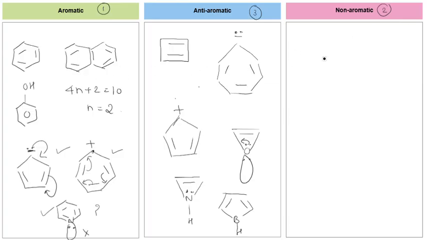Non-aromatic, any molecule which will not obey this. For example, let's say we have cyclohexane or maybe cyclohexene or hexadiene, right? Because they are sp3 hybridized. The moment there is sp3 hybridization, it's a non-planar molecule, all right? We can even take some exception molecules like a tub-shaped molecule. What is this tub-shaped molecule?